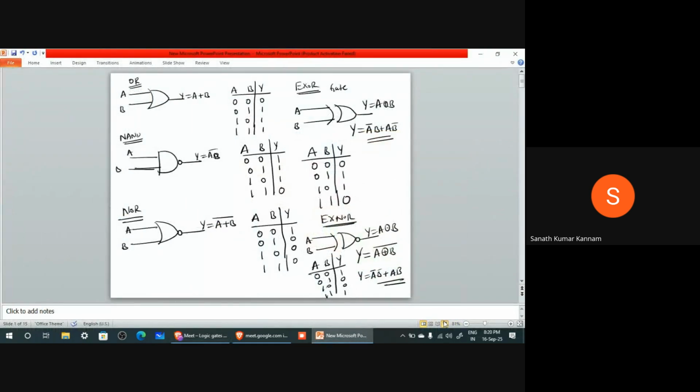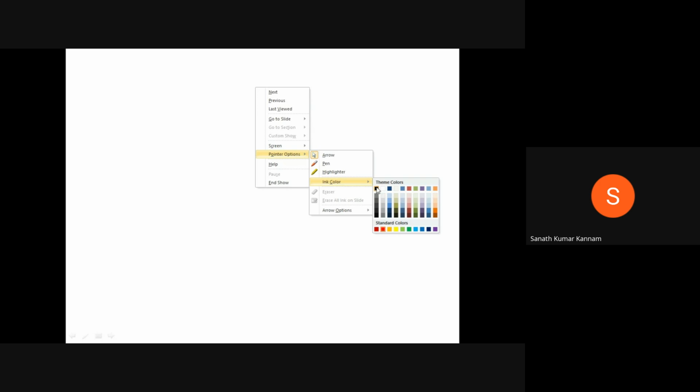Next, I want to implement the NOT gate, this inverter, where you know A gives A bar.